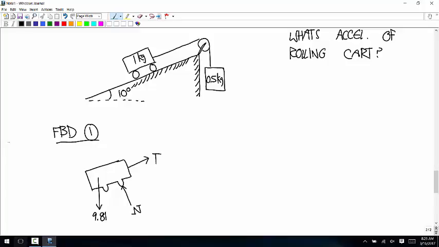I'll call that T. And the coordinate system that we're going to use when we analyze this is rotated like that.